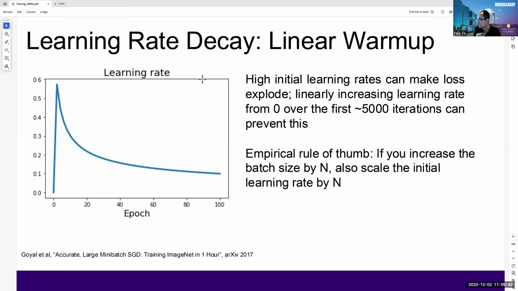That means my gradient is very big. Then we multiply by a very large learning rate, so the update basically explodes. My first update will overshoot and everything goes wild. This is really bad.